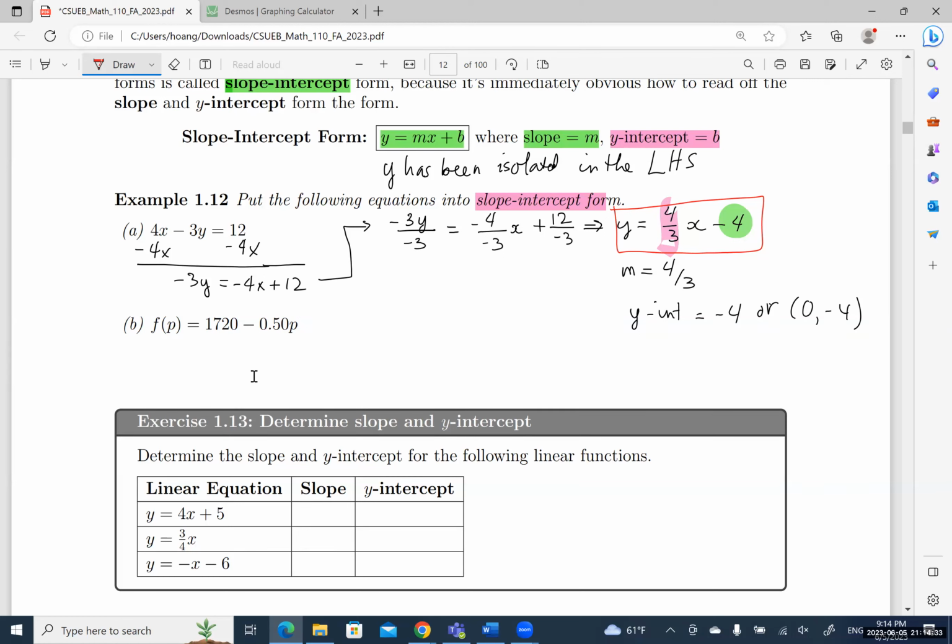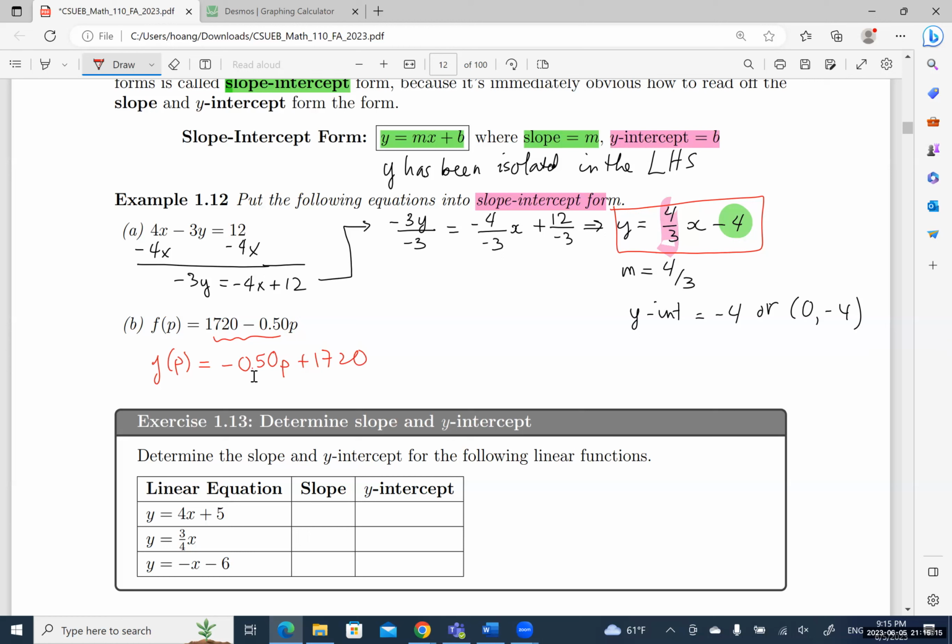Okay. So now if you go to part B and I say I want to convert this to slope intercept form, well, you can see it's almost there already. You didn't isolate the f of p already. You just need to make the p term before the constant term. So I just move only these two to be like f of p equal to negative 0.50p and adding with 1720.